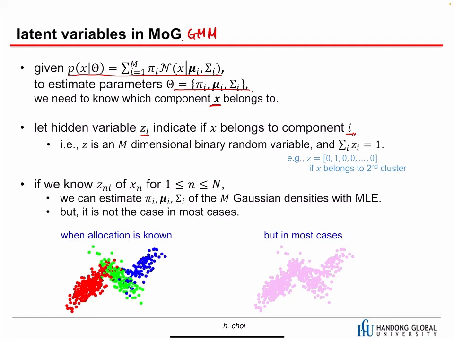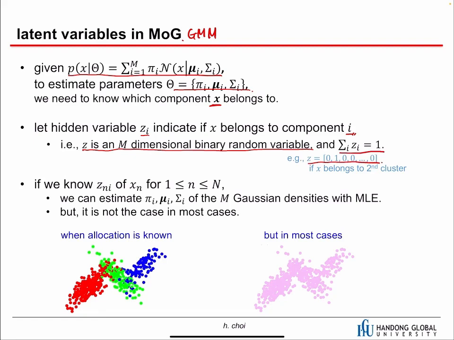In other words, z is an m-dimensional binary random variable, and the sum of all the elements should be 1, which means x belongs to one component.